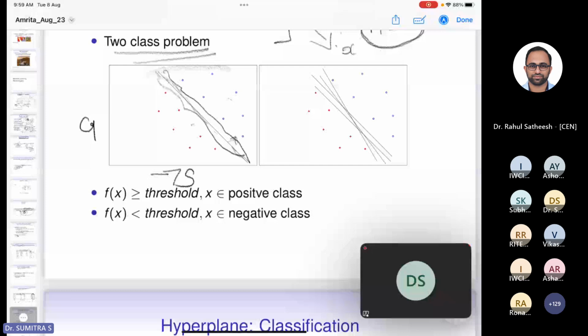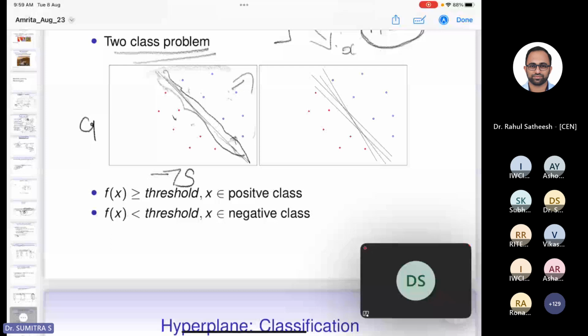This side we call the arthritis group, and this side the normal group. So if I find the equation of this line using the given points, given any new data point, I can say whether it lies on this side or this side. This is how classification works: we have to find a decision boundary.